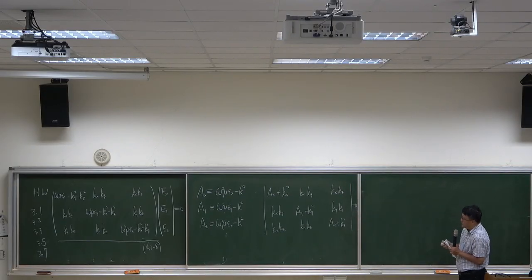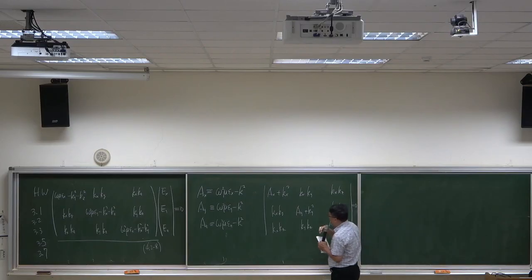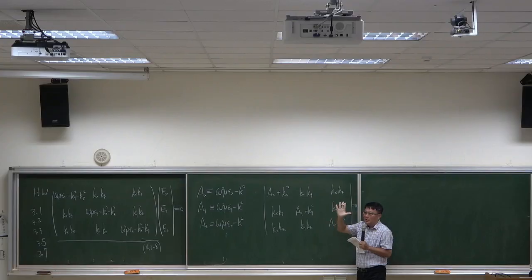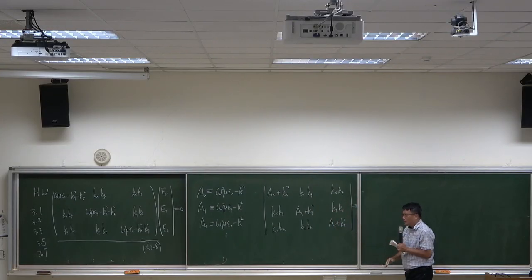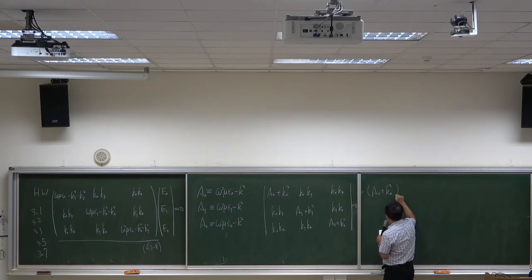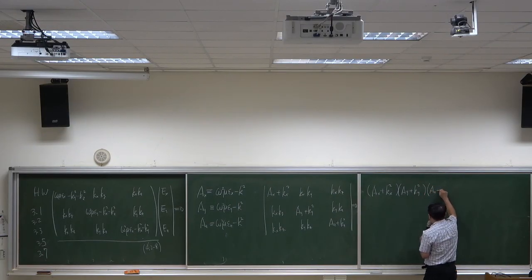calculate this determinant, so I just use brute force, expanding it directly without any tricks. I'll talk for about 5 more minutes, because I went to the restroom for 5 minutes earlier. So first we have Ax plus kx squared times Ay plus ky squared times Az plus kz squared.